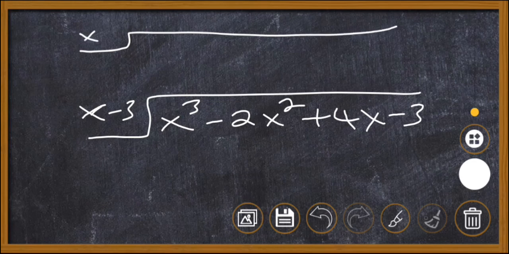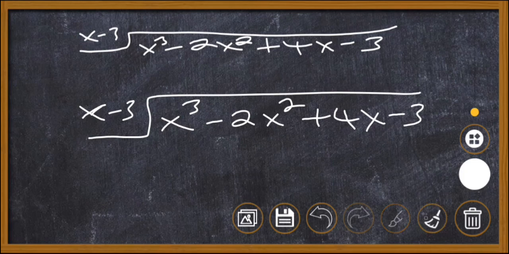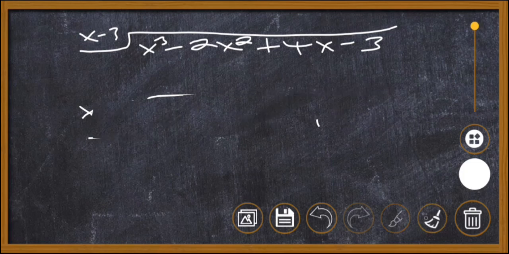So we have x minus 3 here, and then we have x power 3 and then minus 2x squared and then plus 4x and then minus 3. So let's wrap this part here, since we have already copied the information that we need.